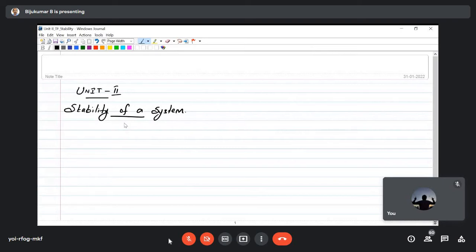And then we have seen how to model a system using the mathematical concept, right? That means all systems are having a linear ordinary differential equation. So from that linear ODEs, we can derive our mathematical model, right? And then we have seen transfer function.